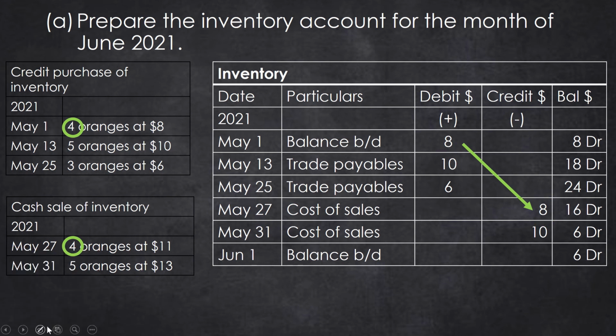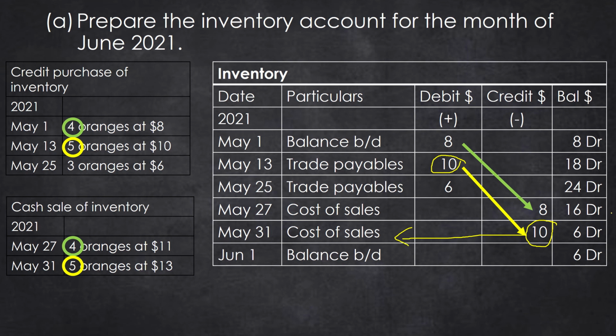Similarly, when I sold 5 inventory on the 31st of May, it is actually the second batch of inventory that I purchased on the 13th of May. And how I record this is I move the $10 from the debit side of inventory account into the credit side of inventory account because now this $10 has been changed into the cost of sales.